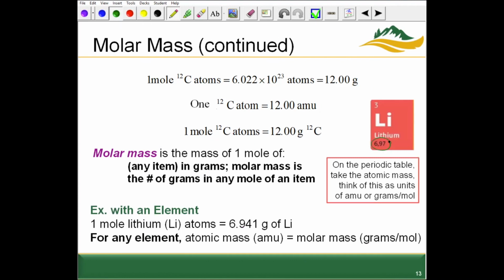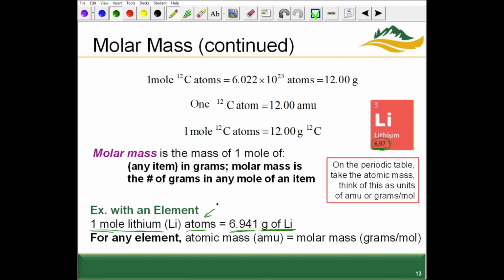Lithium is another example we could look at. 6.97 is here, or depending on what version of the periodic table we look at, 6.941. If we see that on the periodic table, that means that 6.941 grams of lithium is how much 1 mole of lithium atoms weighs.